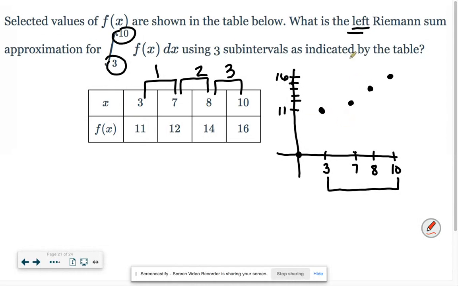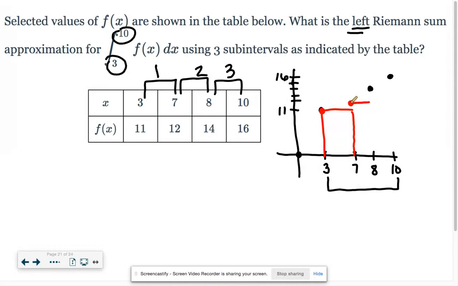So what you're going to do is draw a left Riemann sum, which means left-ended rectangles. So that's where you go to the left of an interval, you put a dot, and you go straight over and make a rectangle like that. So there's one rectangle. I'll go to the next interval, which is from 7 to 8.